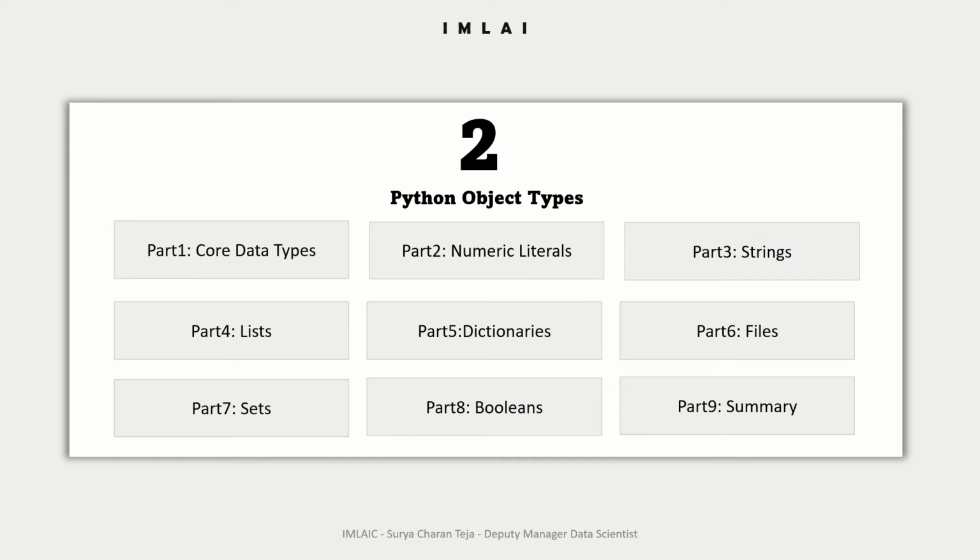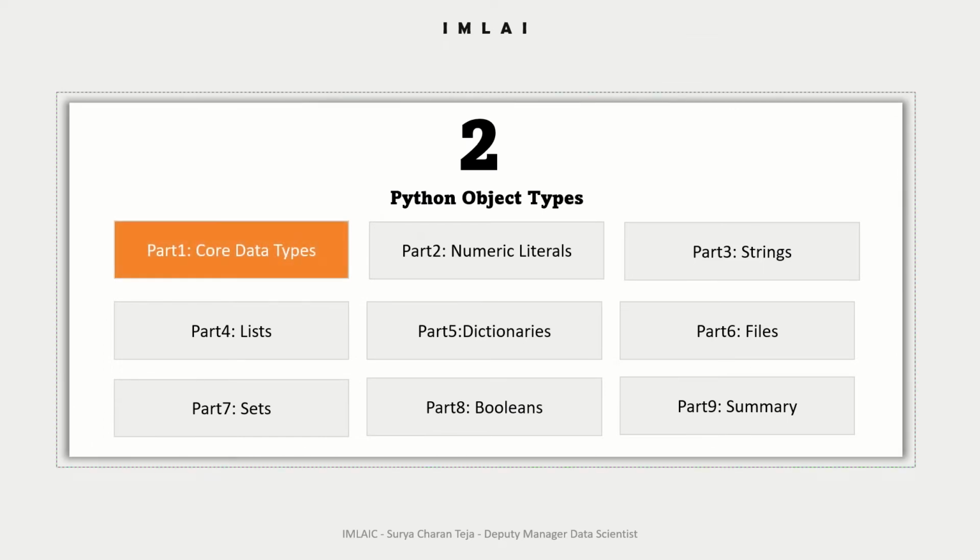In Python, for example, the second module is our Python object types. Here we have 9 parts of videos under this module. For example, when you are in part 2, let's navigate to that. Under this module, part 2 is numeric literals.